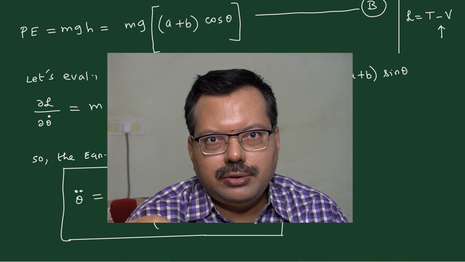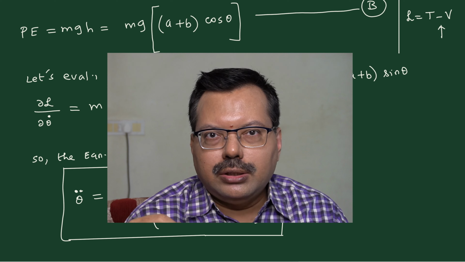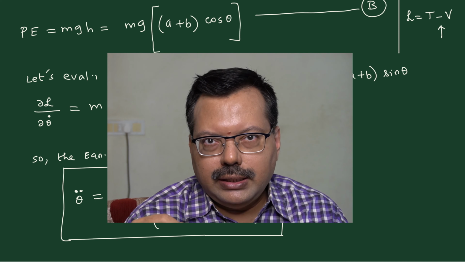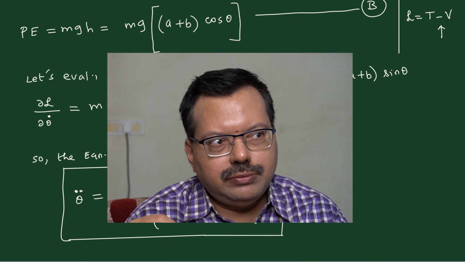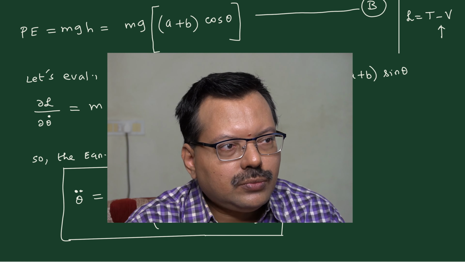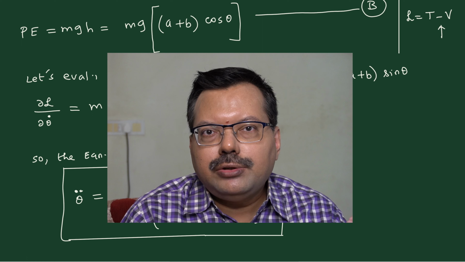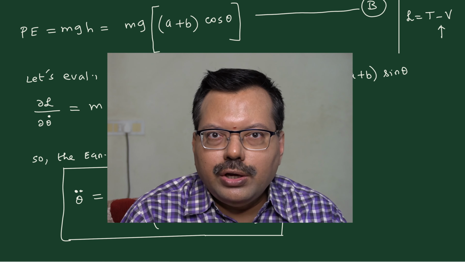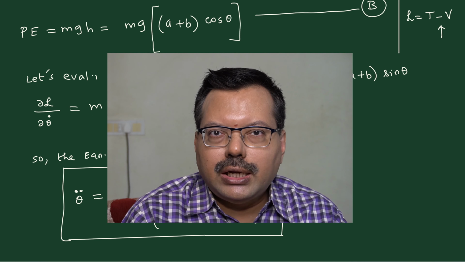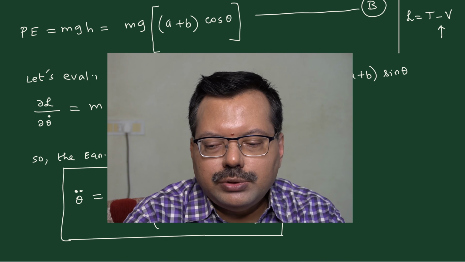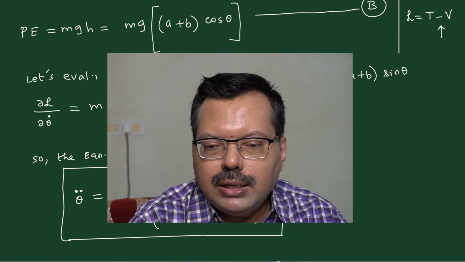So in today's class, to refresh your memory, we have seen why the Lagrangian should be T minus V rather than T plus V. That is one of the discussions that we made. In addition, we have also seen an intuitive way of rewriting Newton's second law in a form which is identical to the Euler-Lagrange equation.